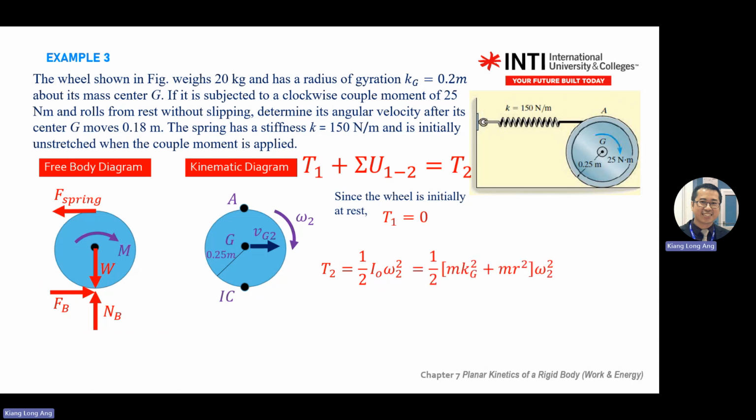You can use the long one or the short one, or this one, IC omega squared. Or you can use mk squared plus mR squared. So this is IO equal to IG plus md squared. Now, because this test gives you the radius of gyration and R, you use mk squared plus mR squared.